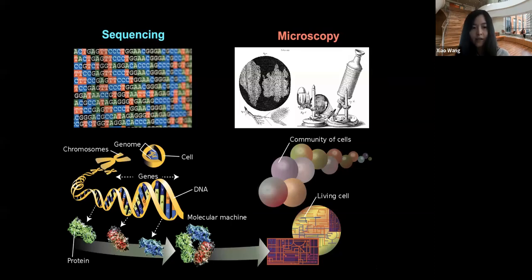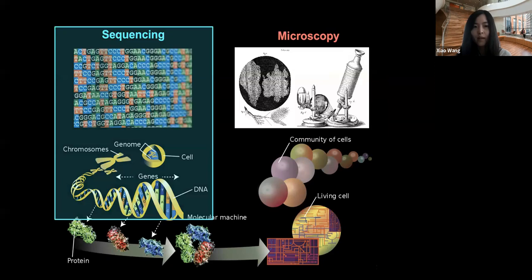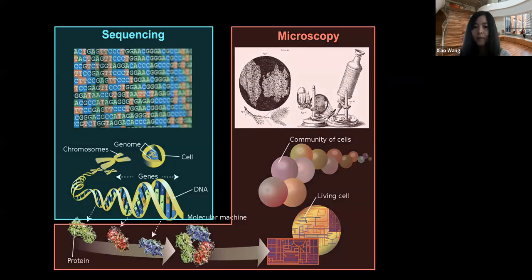But given that what happens in the cell starts from DNA transcription all the way to protein translation and cellular function, it would be nice to do sequencing and microscopy in the same sample so that we can maximize our capability to correlate the DNA sequence with phenotype observations in order to better decode gene to function relationships.